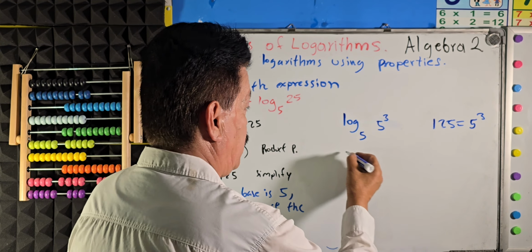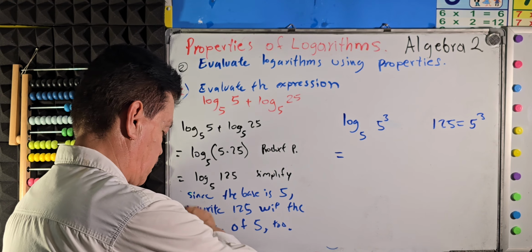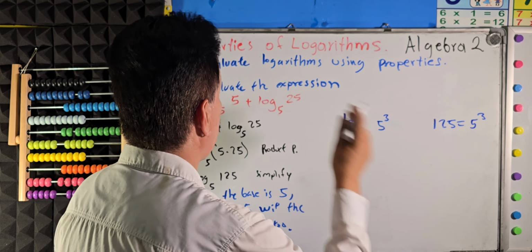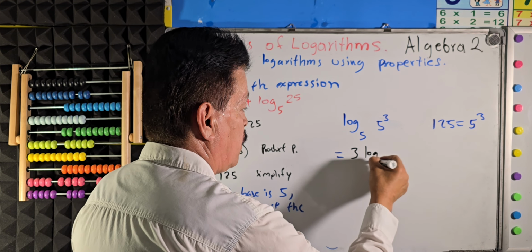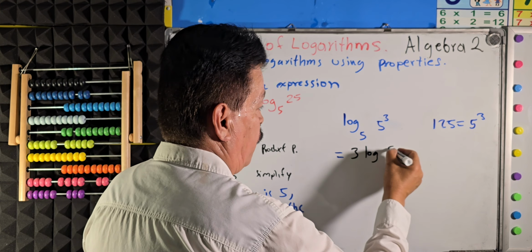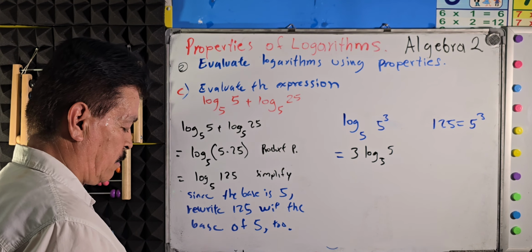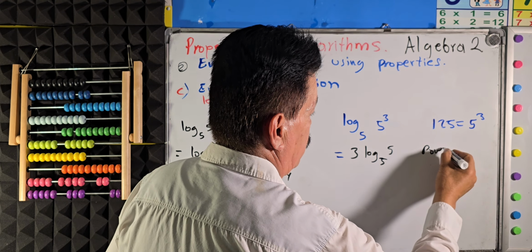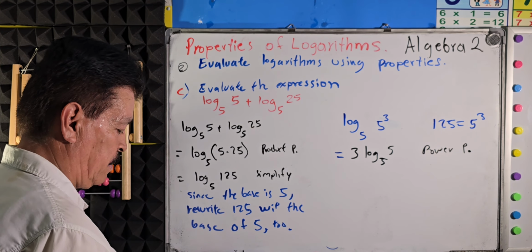So now this is equal to the second part. Write 3. Remember, we are using the properties. We have to write 3 here to solve the log. What else? Log of 5 with the base 5. See? It is right there. This is a power, the power property.